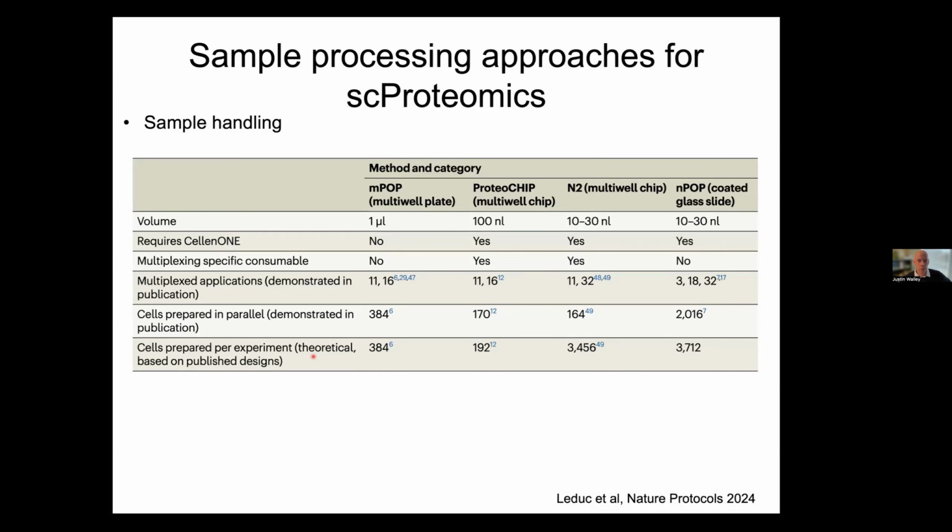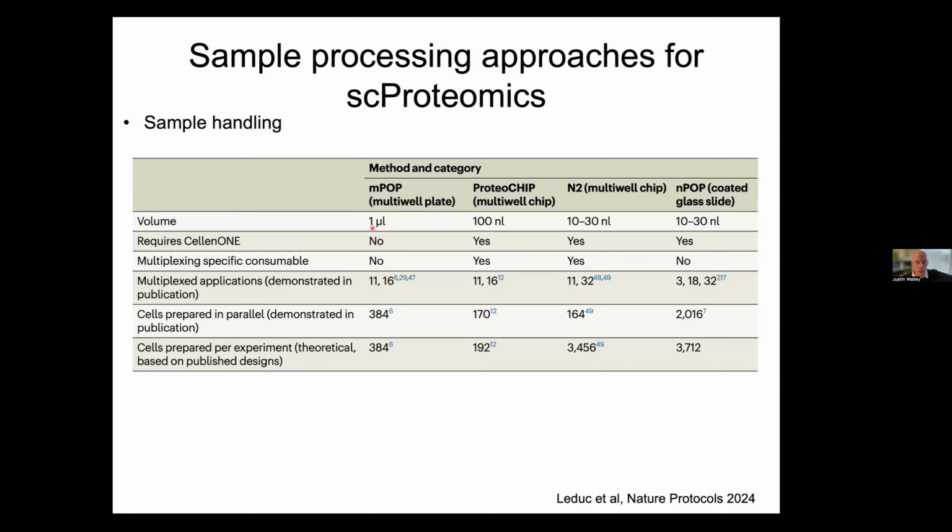And there's a few main approaches that are used. I'll talk more about this MPOP method, where you're doing sample manipulation in 384-well or some number of well plates, typical PCR plates. These are in the microliter range of reactions.